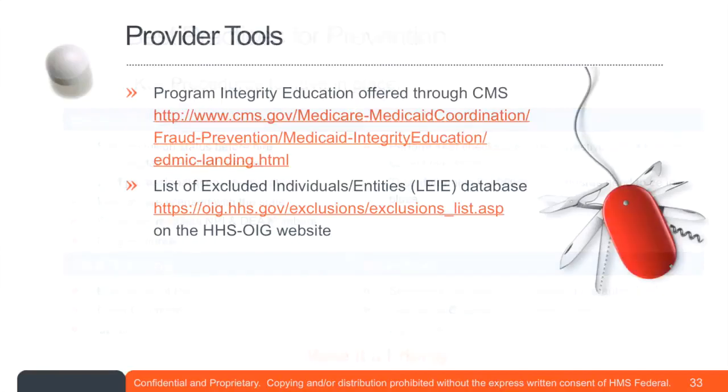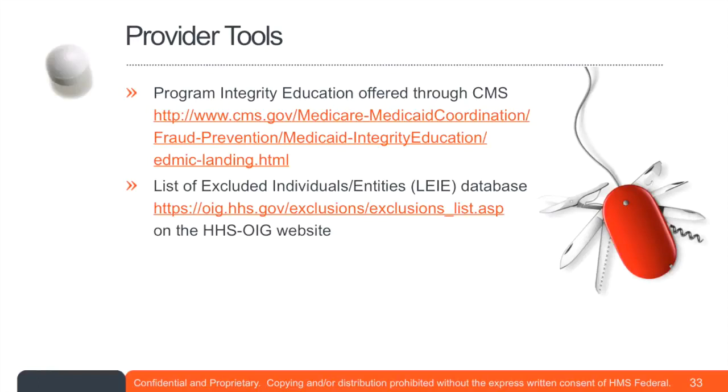This next slide talks about some provider tools, and if you're a technician who's in the place of educating or training at your pharmacy, maybe you're a lead technician, these are some great resources to share with your team. The first one is on cms.gov. If you just log in to cms.gov, there's some different program integrity education.